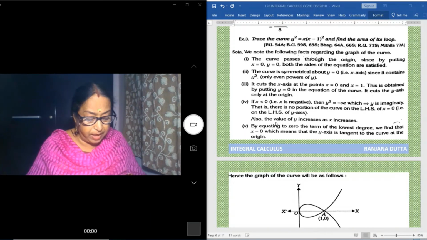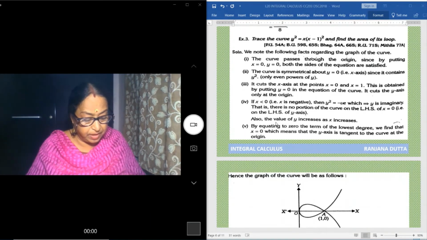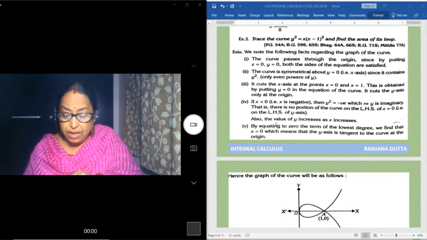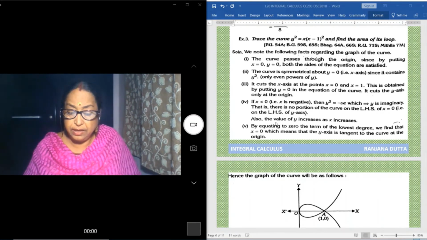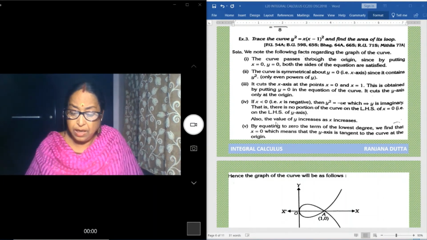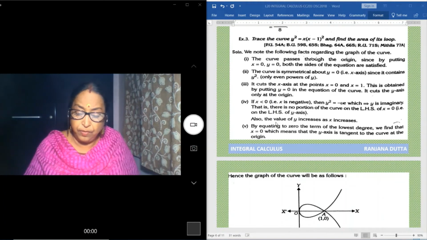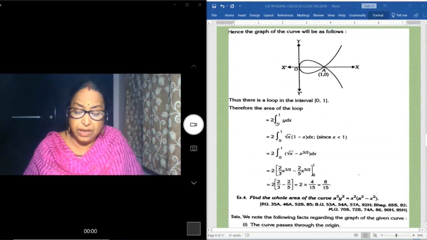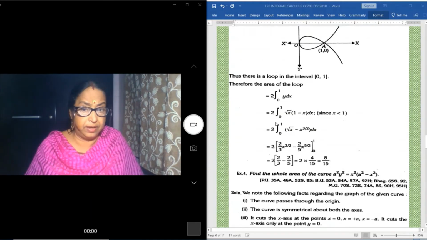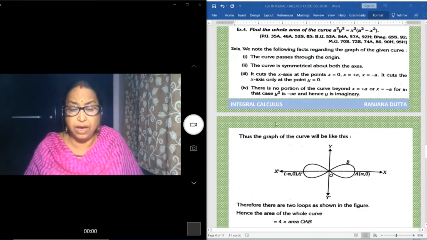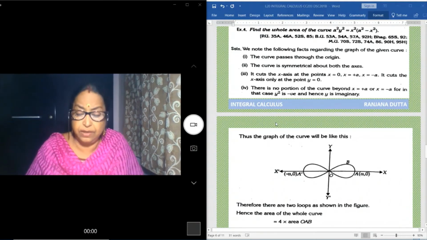Find the whole area of the curve, this one. So using the curve tracing formula, you can get the picture as you can see on your screen. Now 4 into area OAB, because it is on the positive side of the x-axis and also the negative side of the x-axis.